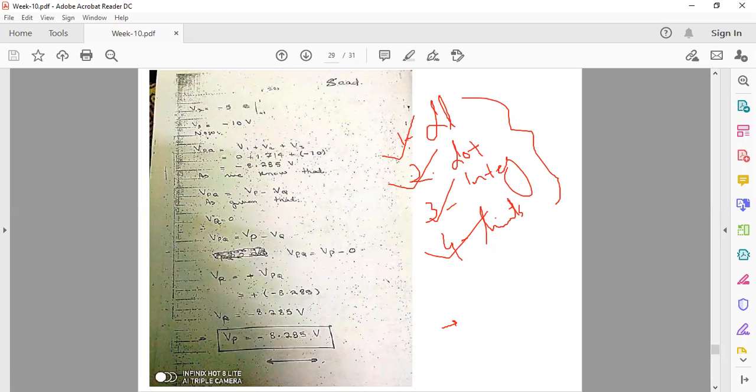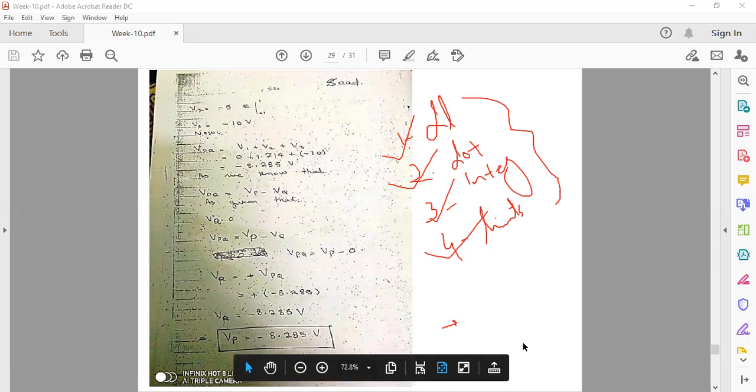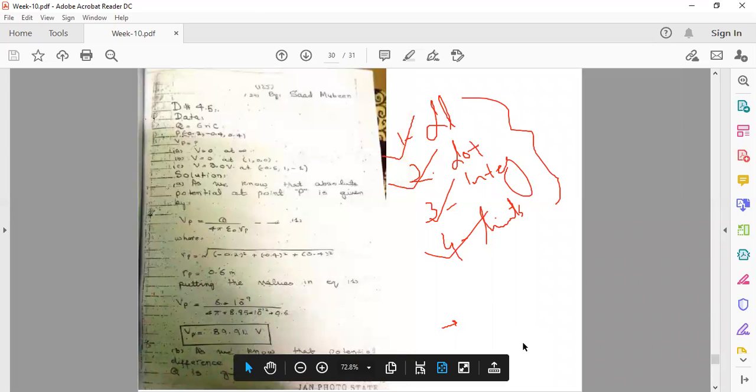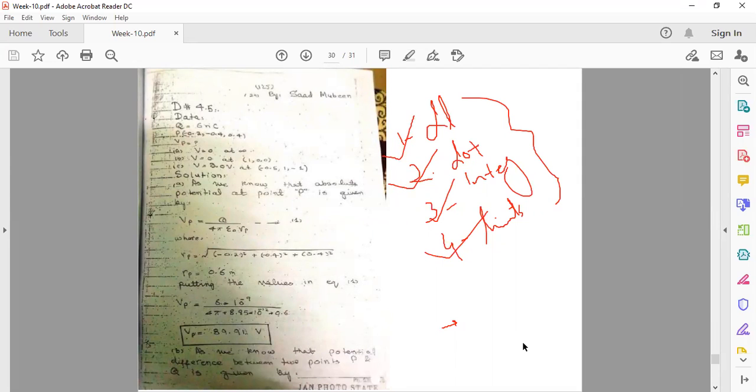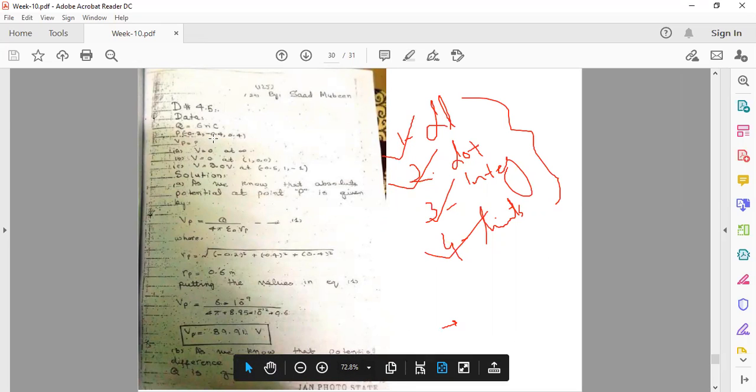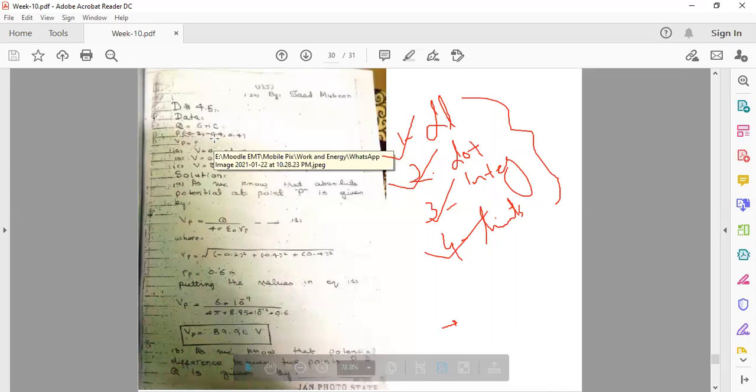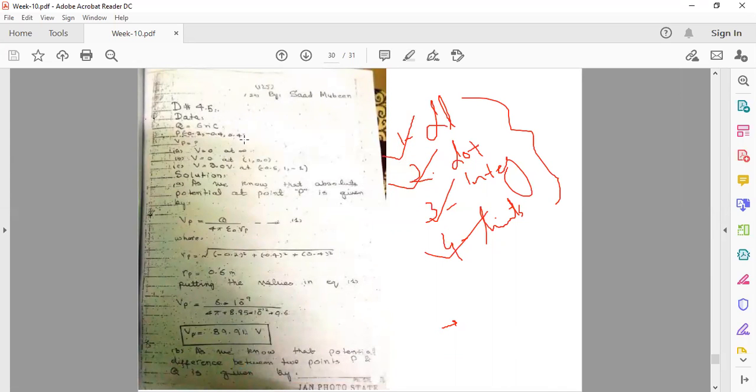Now moving to the second example, that is 4.5. We are given a source charge of 6 nanocoulomb. The point P is at -0.2, -0.4, 0.4.